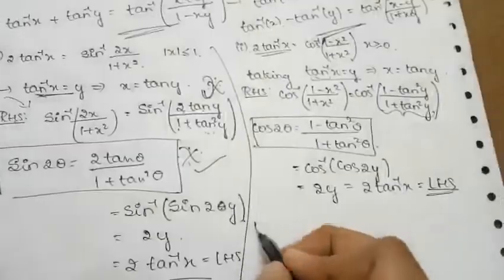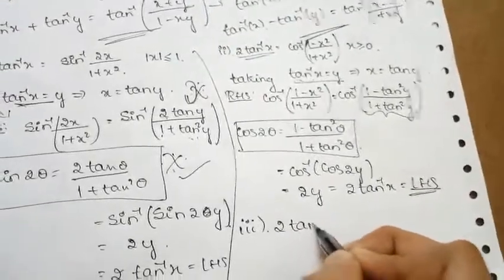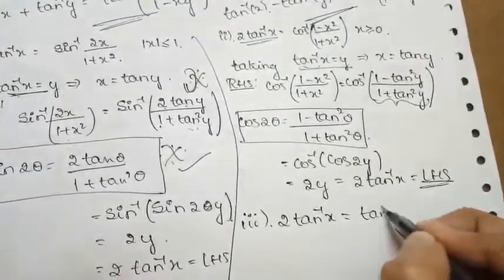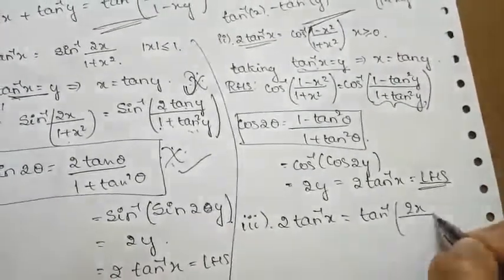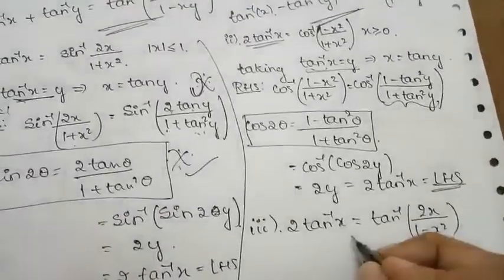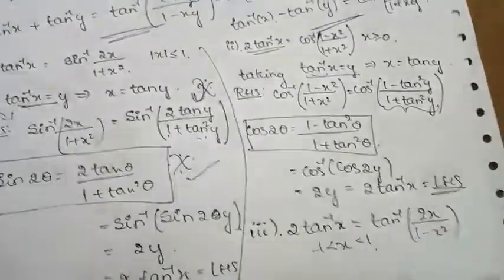So similarly you can prove 2 tan inverse of x is equal to tan inverse of 2x divided by (1 minus x square), when our x is varying from -1 to 1.